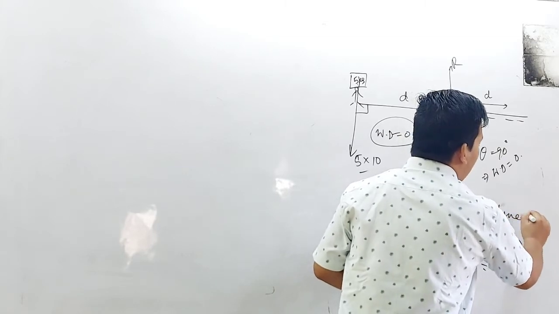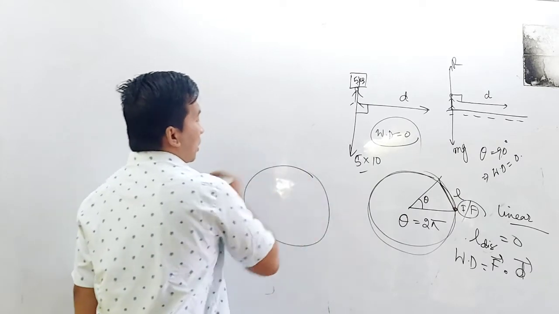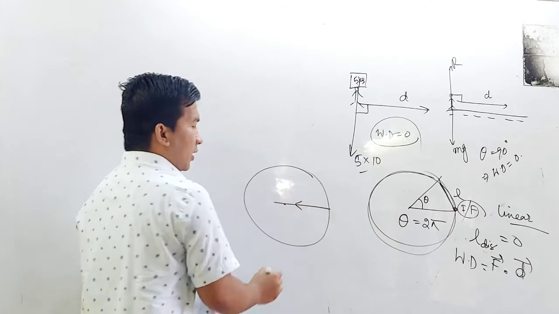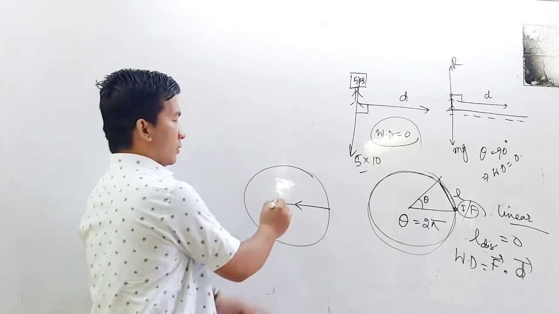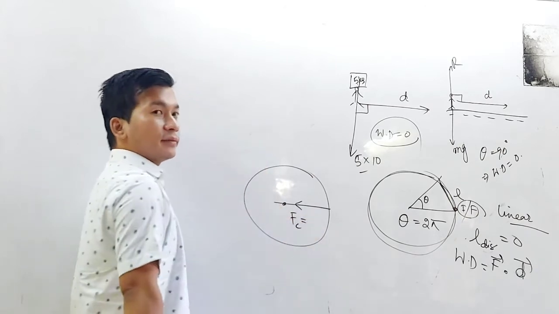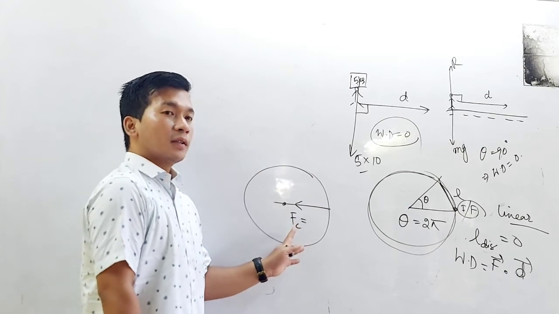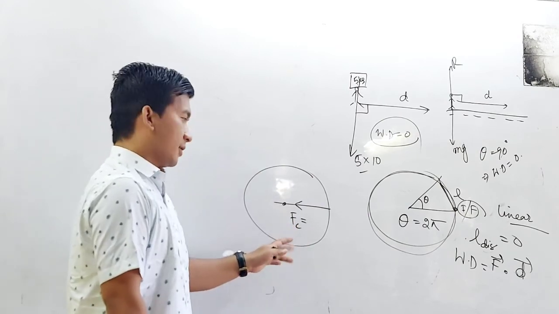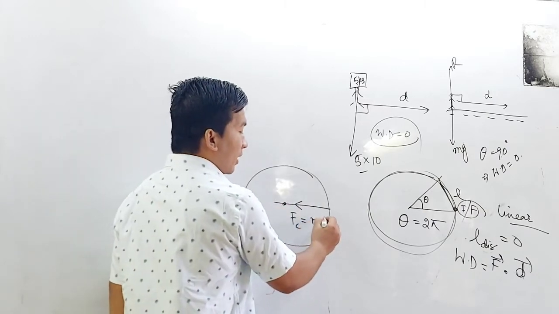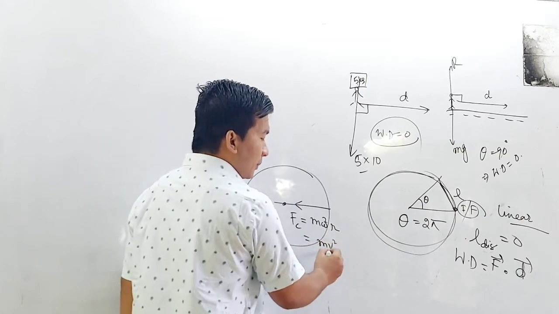In terms of your linear explanation and in terms of your circular explanation, it is very simple. The centripetal force expression should be m omega square r, or it may be written as m v square divided by r.